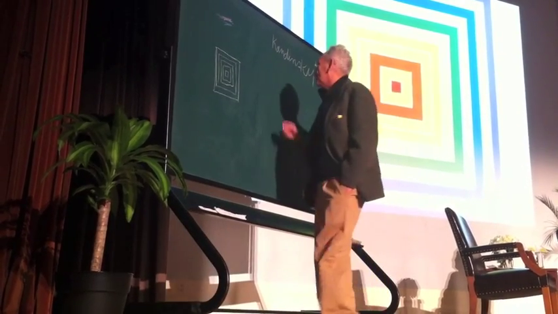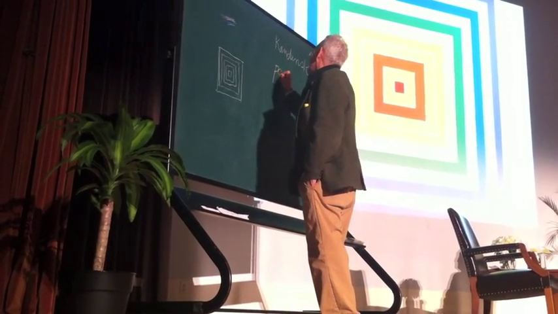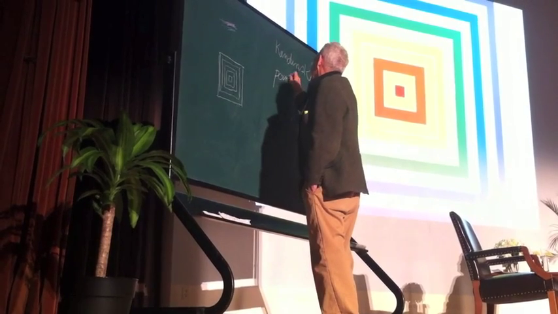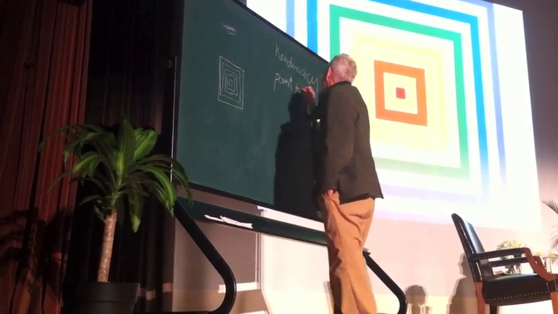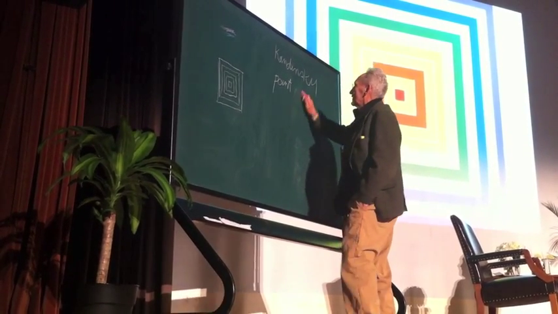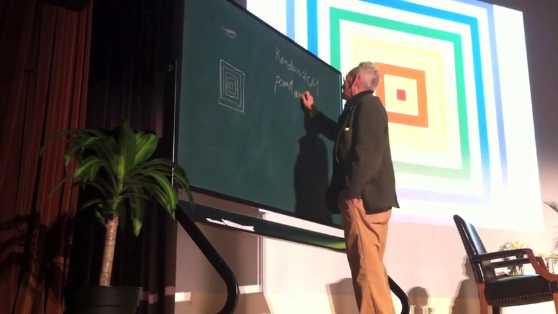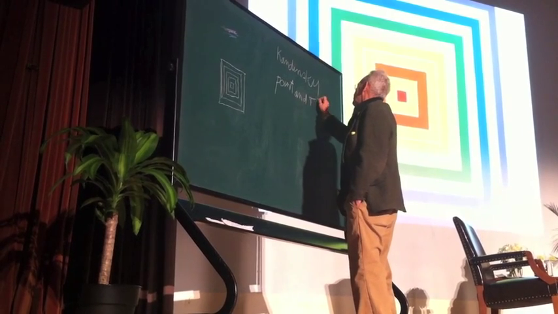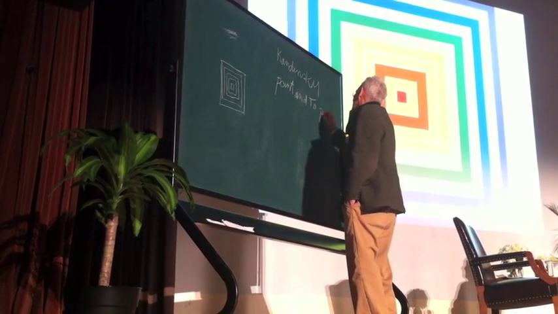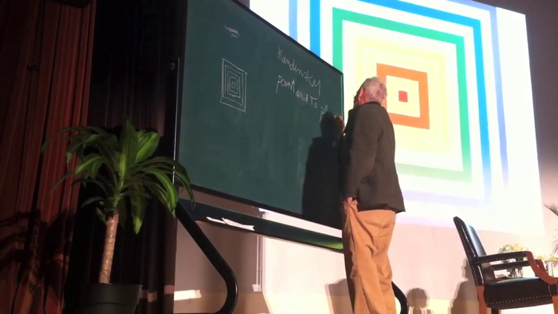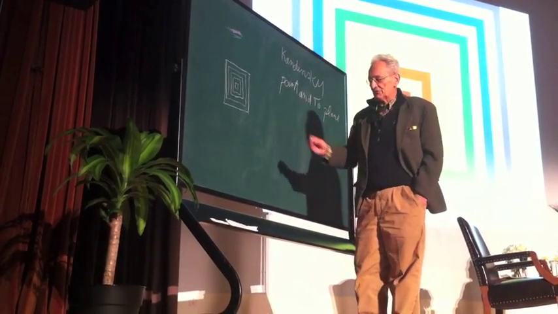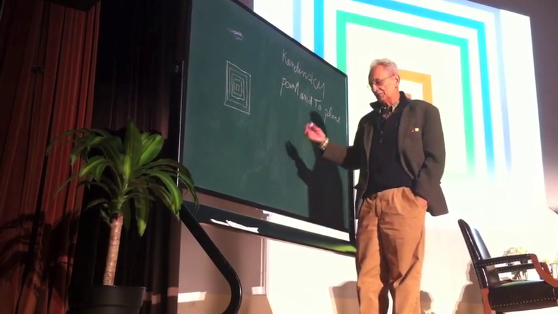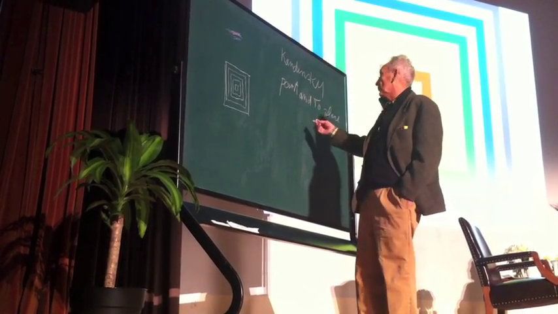A lot of you know this, but I love writing it. Point to line, wrong already, point and line to plane. So that's why abstraction, or what's called geometrical abstraction, came to be what it is.